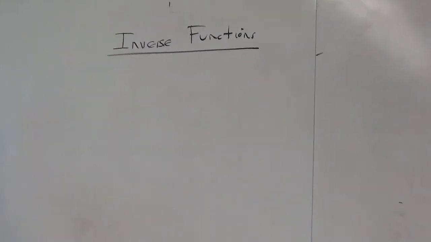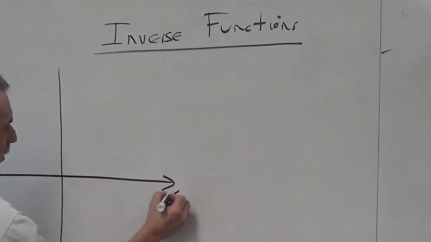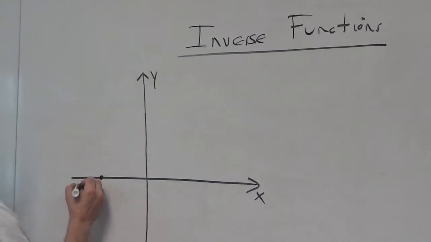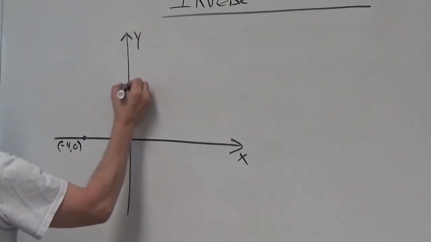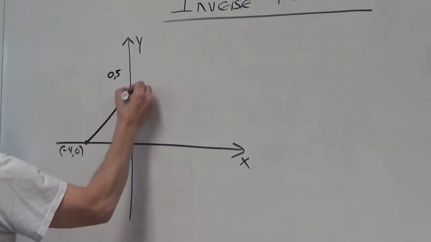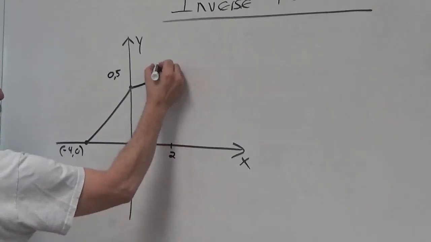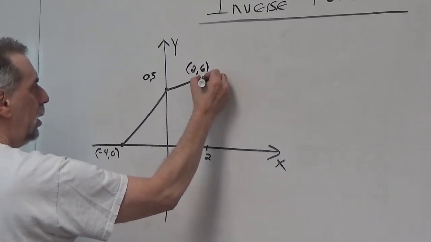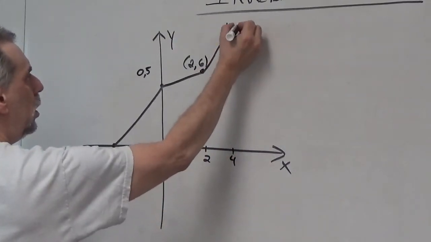Okay? So an inverse function, let's say we're given just some graph of a function. Let's say we have a point over here at -4, 0, and then we have another point up here at 0, 5, and then another point here at 2, 6, and then let's say we got another one here at 4, 8.